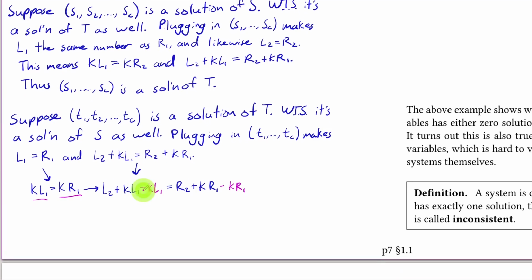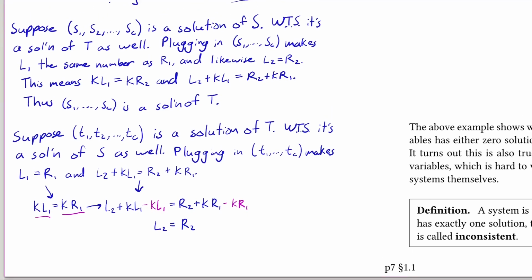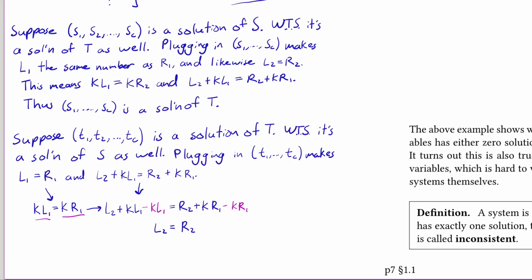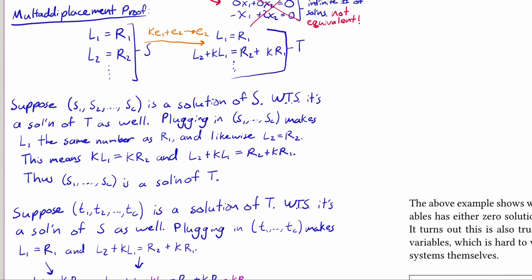And of course this cancels out nicely, so we just get L2 equals R2, as in those two numbers are the same numbers when you plug in t1 through tc, and that means that is also a solution of the second equation of S. Of course, we already knew it was a solution of the first equation of S because it was a solution of T. And also all of the rest of these, it's still going to work for all those as well.